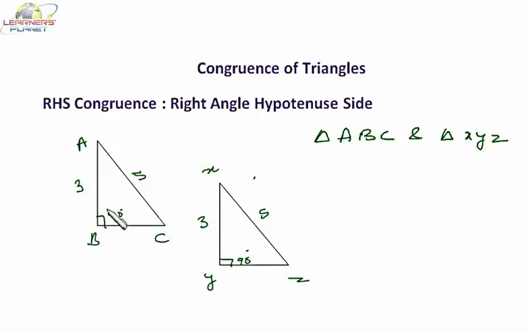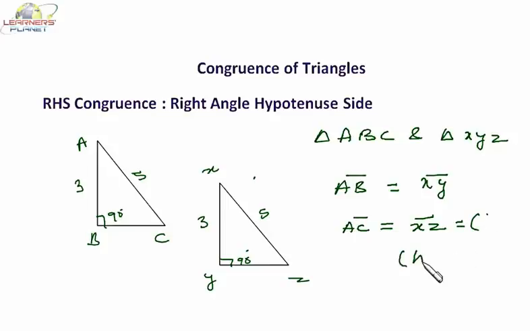Now here we can see the length of line segment AB is equal to the length of line segment XY, and the length of line segment AC is equal to the length of line segment XZ, and both of them are hypotenuse of respective triangles.